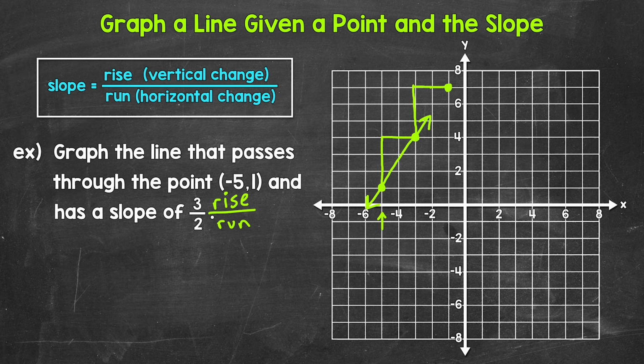And then one more thing to think about, we can work our way left as well. So instead of working our way right by going up 3 and over to the right 2, we can go left by going down 3 and to the left 2.